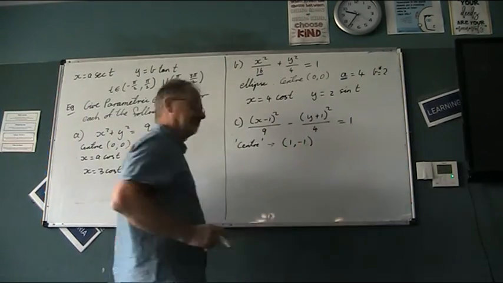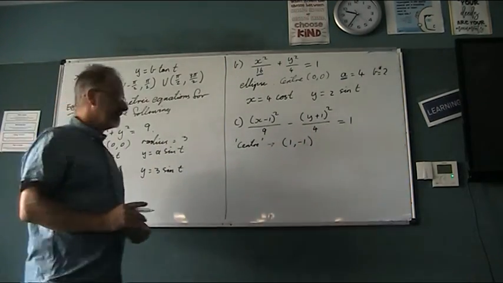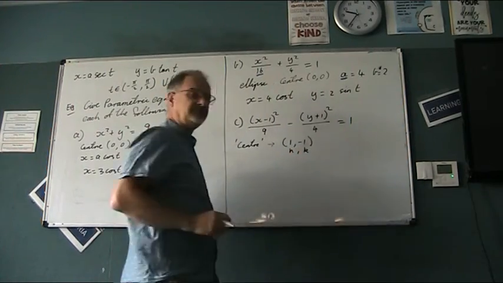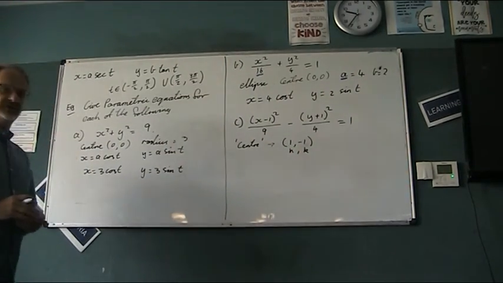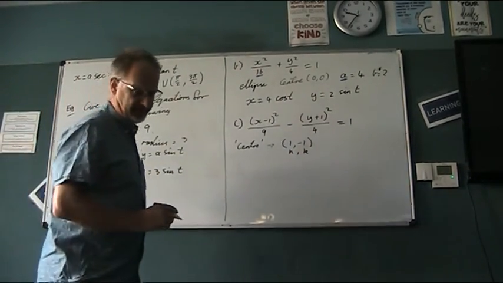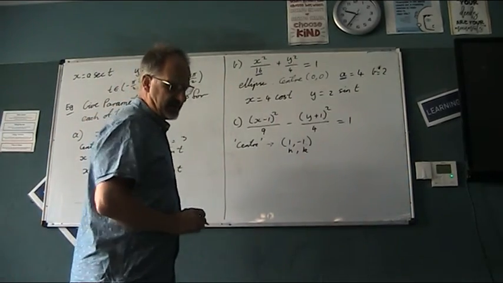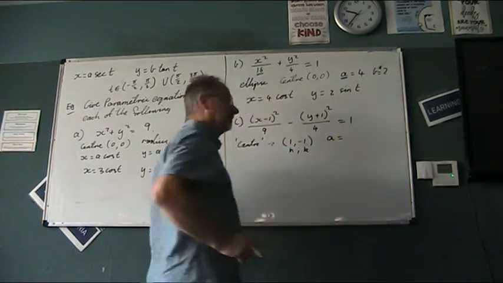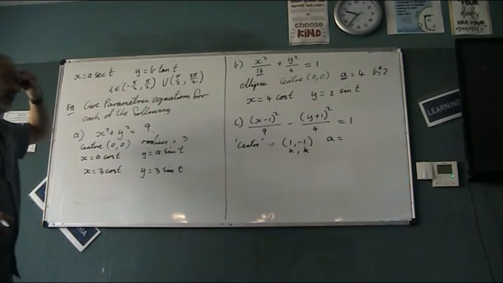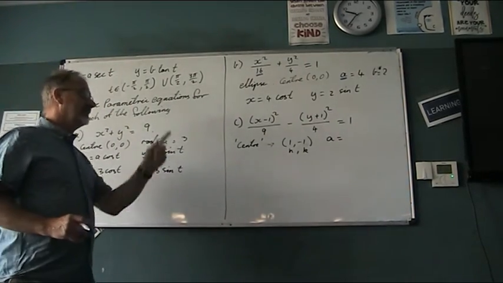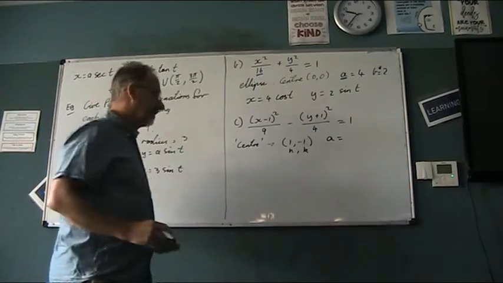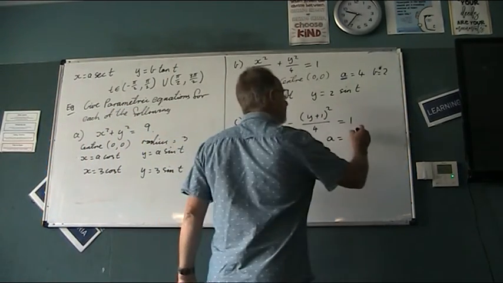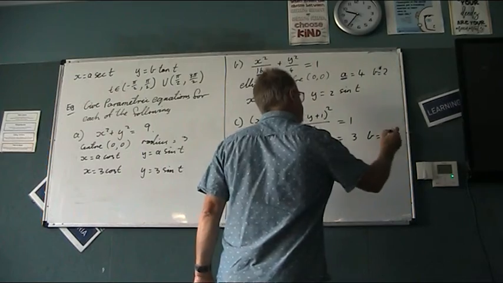Now I was a bit slack before because I didn't give you the version of the parametric equations which have that central point of our hyperbola. And I didn't do it for the ellipse either. So a should be 3 and b should be 2.